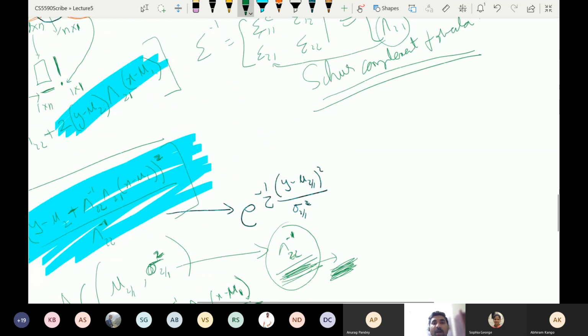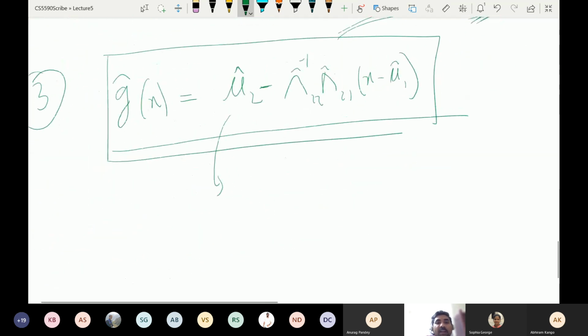But if I apply that so-called formula and rewrite, this is what will happen. This will be the expression for sigma hat 2 1 sigma 1 1 hat inverse x minus mu 1 hat.